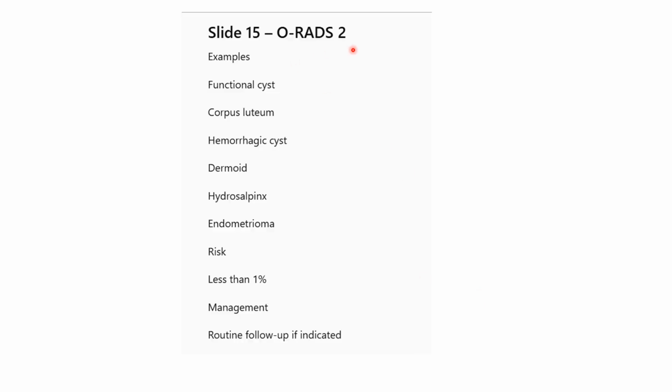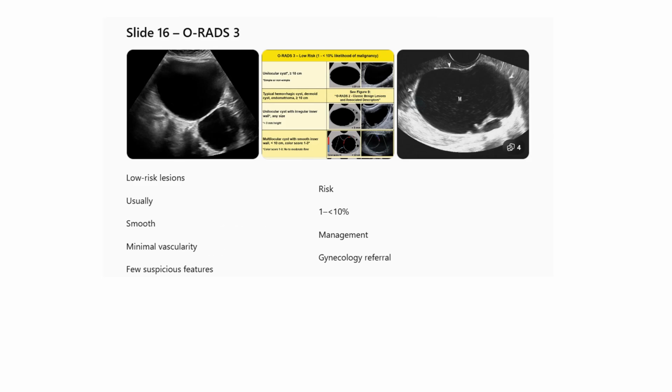So O-RADS class 2, examples: the functional cyst, the corpus luteum, the hemorrhagic cyst, the dermoid cyst, the hydrosalpinx, endometrioma. The risk of O-RADS class 2 lesions is less than 1%. Management, routine follow-up if indicated. So these are just benign lesions, with less than 1% risk, and they need follow-up if recommended.